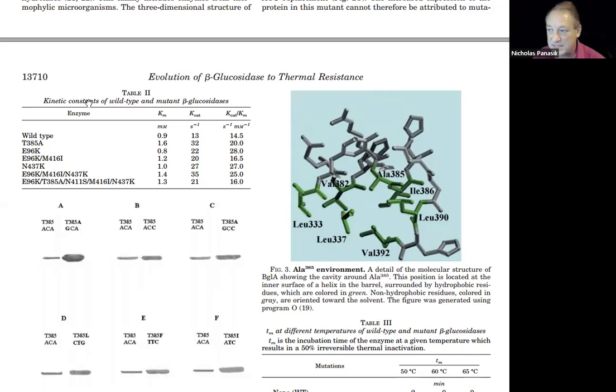So this is table 2, kinetic constants of wild type and mutant beta-galactosidases. So here they've got their wild type enzyme, a bunch of their different mutants. Some of these are combined mutants, so they have more than one mutation. This one looks like it has 4 or 5.